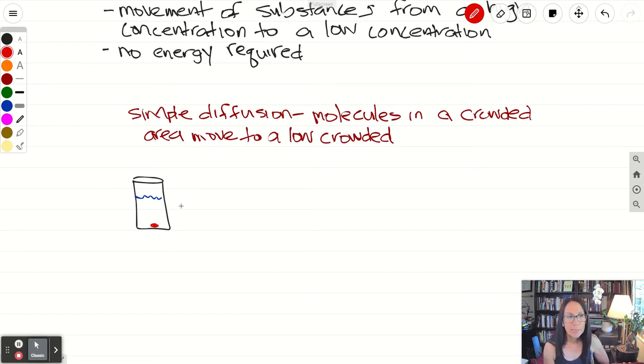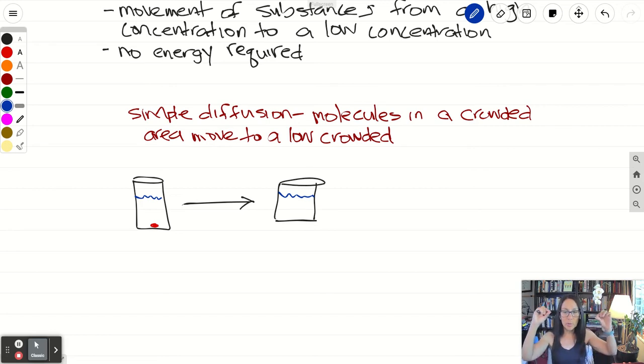At this point, all the dye molecules are all crowded up and uncomfortable. And so over time, they're going to start to spread out and mix in with the water molecules. All the water molecules are spread out nicely because they've been sitting there for a long time, and the red dye molecules are going to individually start moving around and mixing in with the water.